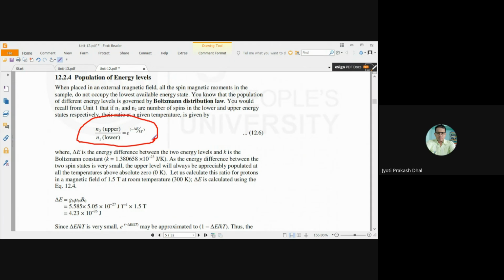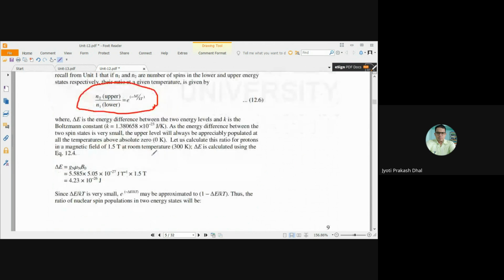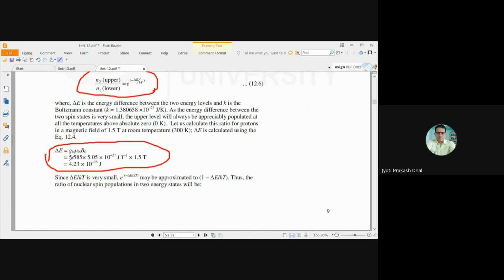Now let us calculate the ratio of the protons in a magnetic field of 1.5 Tesla at room temperature. Here delta E equals g_N mu_N B0. For a proton, the value of g_N is 5.585, the value of mu_N is 5.05 into 10 to the power minus 27 joule per Tesla, and the value of B0 is given, that is 1.5 Tesla.